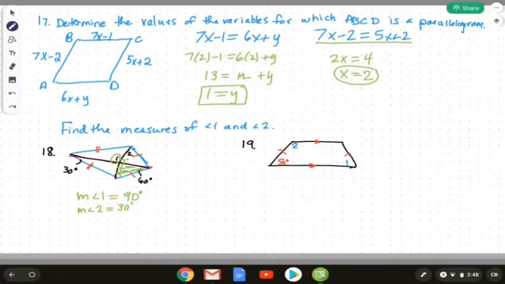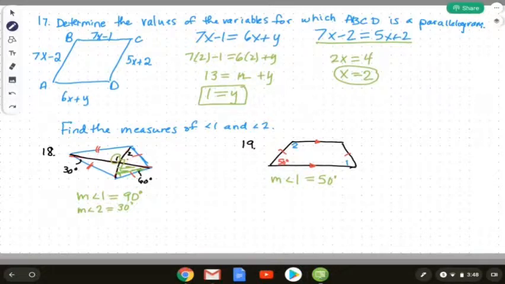Number 19 is an isosceles trapezoid. We have one pair of parallel sides and the legs are congruent. I'm given that one of the base angles is 50. And what I know about trapezoids is that, first of all, angle 1 and the one that's marked 50 have to be the same because each pair of base angles has to be congruent. So I know that the measure of angle 1 equals 50 degrees.